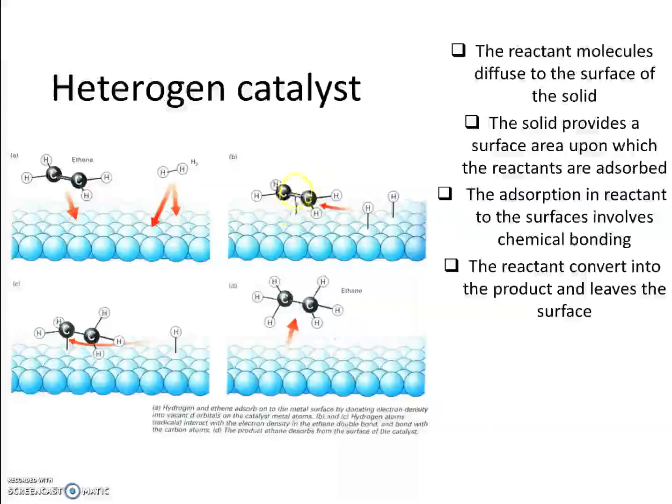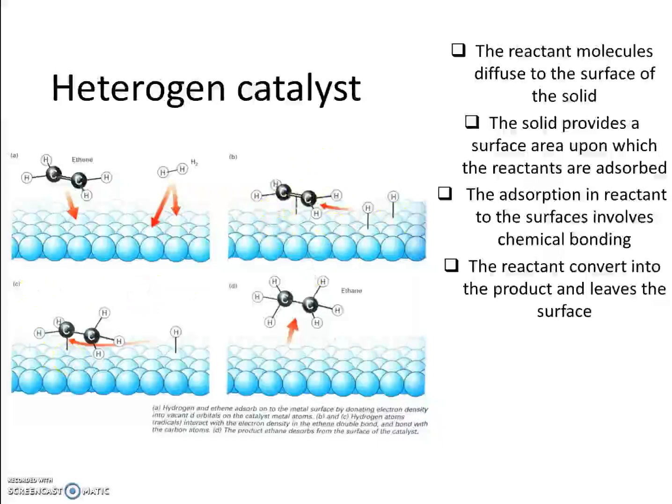Jadi butuh energi yang sedikit sekali untuk memisahkan ikatannya, and less activation energy. After that, the reactant converts into the product and leaves the surface. Jadi ketika dia sudah break each other, dia akan berubah menjadi produk.